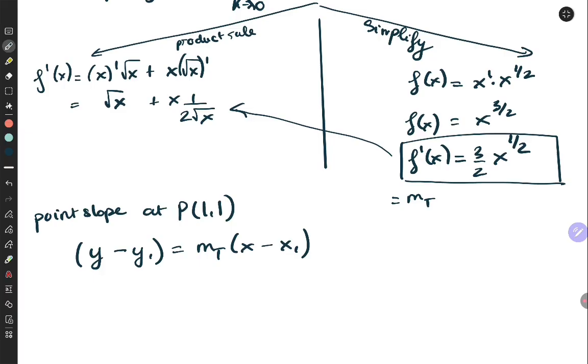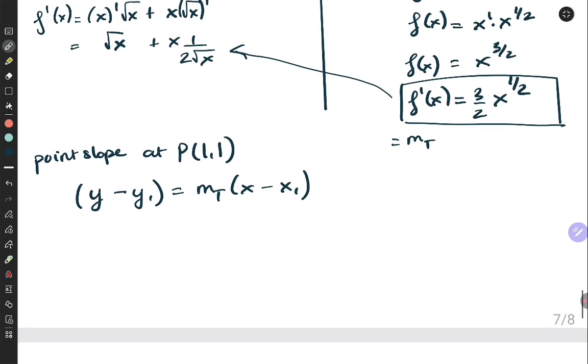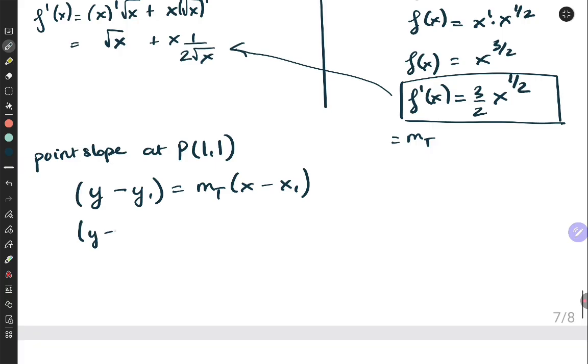At 1, 1, you're going to have y minus 1 equals m sub t, 3 over 2, 1 to the power 1/2, times x minus 1.